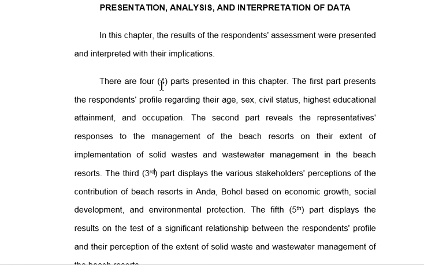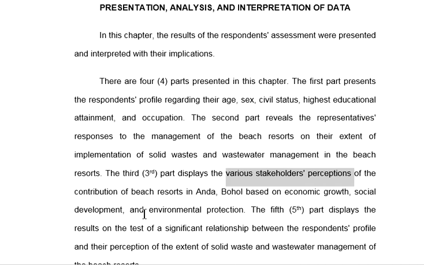So the first part, for example here, is the respondents' profile. The second part is the representatives' response to management of beach resorts. The third part displays the various stakeholders' perception.